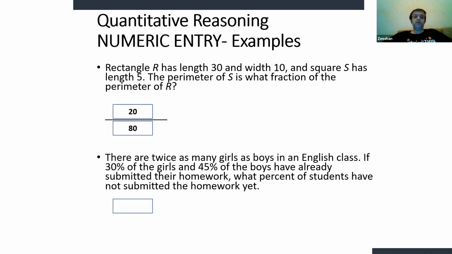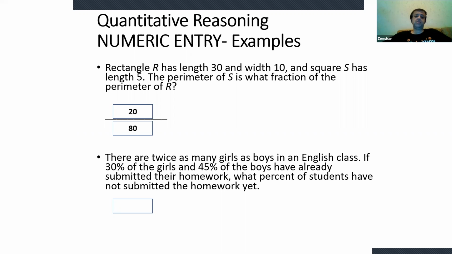Now, if you were in a hurry, you may think that you're going to get the answer, which is what percent of students have not submitted the homework yet, by dividing 105 by the total of 300 and multiplying it by 100. You will get a wrong answer, because it does not ask you how many students submitted the homework.